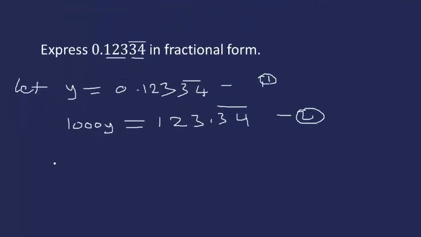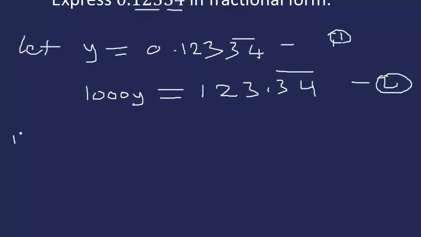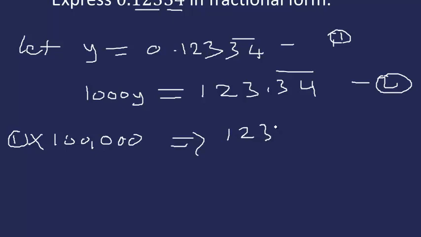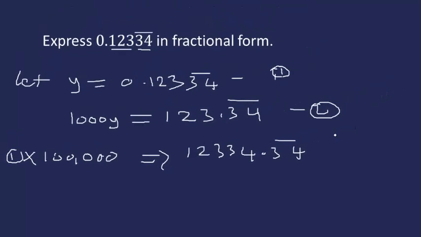If you multiply equation 1 by 100,000, we are going to get 123 then 34.34 recurring.